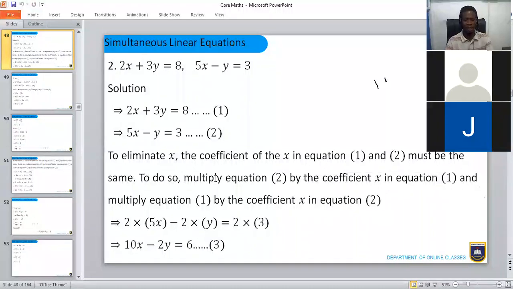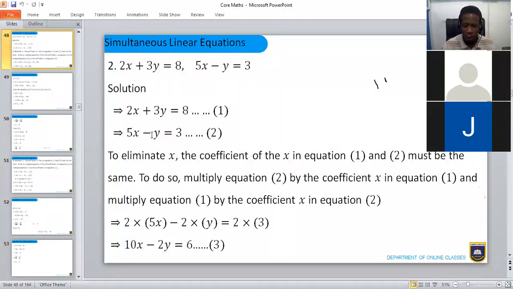So what I was saying is this. From equation 1 and 2, you could say that we want to eliminate x, but the coefficients are not the same. So what we do is we pick the coefficient of x in equation 1 and multiply by equation 2. In equation 1, what is the coefficient of x? 2.